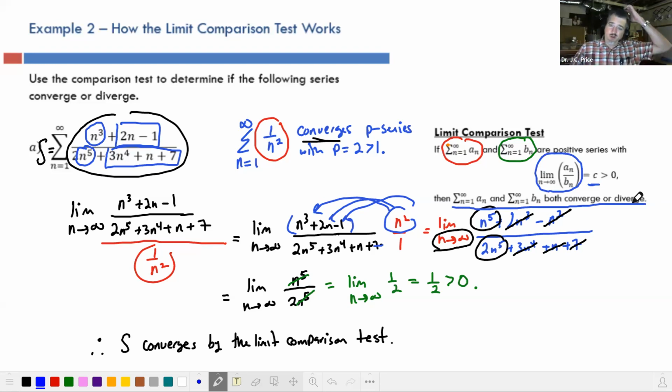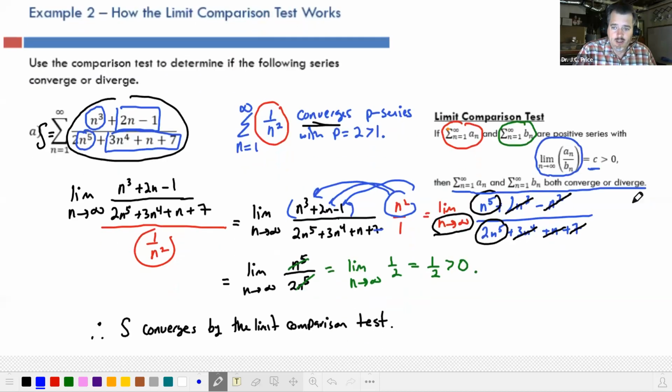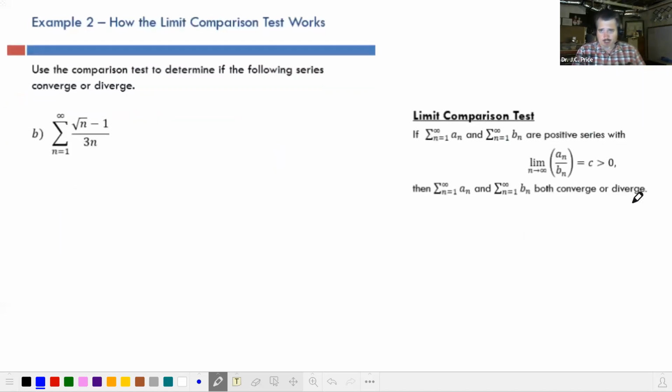All right, so before we do any too deep of thinking, let's do it again. All right, so here's our next one. Again, we're going to use the limit comparison test to determine if this series is going to converge or diverge. So I'm going to call it S. And again, what I do is I look at that sort of leading term. So I have a square root of n basically divided by n.